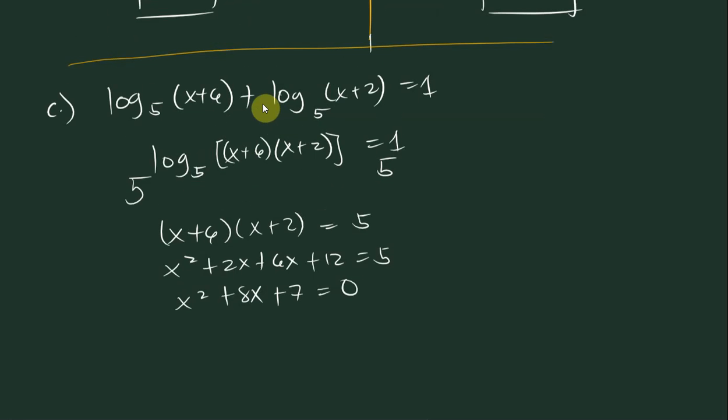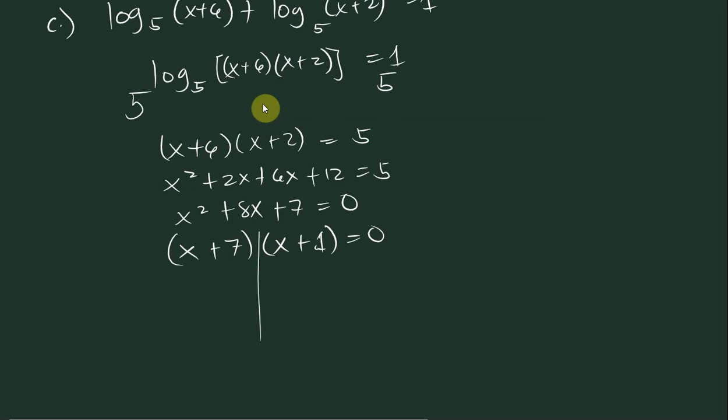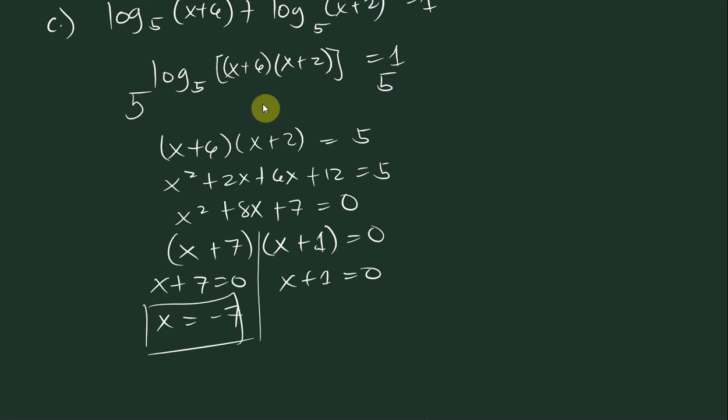We can then factor this to be x plus 7 and x plus 1 is equal to 0. Then using the zero product property, x plus 7 is equal to 0 and x plus 1 is equal to 0, so x is equal to negative 7 and x is equal to negative 1.